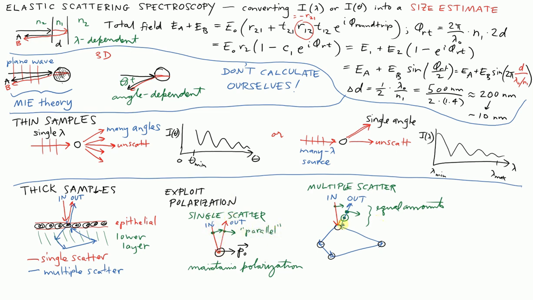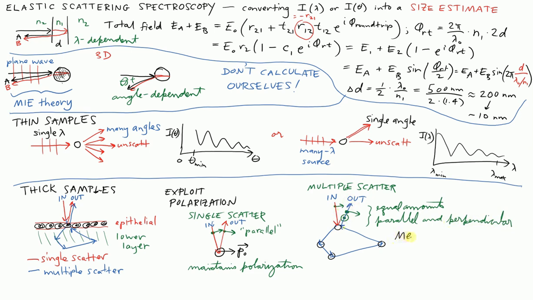With a little more effort, we can also think about equal amounts of parallel light, meaning this orientation here, and perpendicular, that's this orthogonal component here. We could also measure the perpendicular component of the light that comes back. We just have to pass it through the proper polarizer.